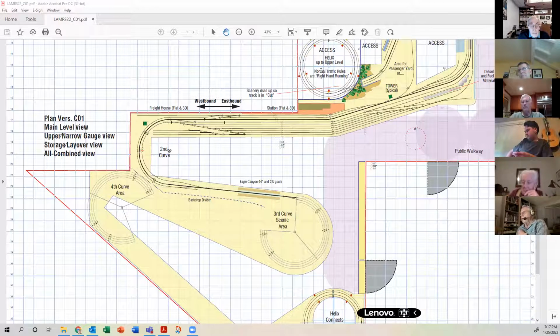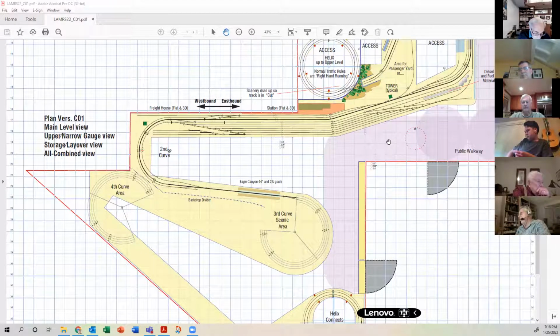So what I mean here is that what I call the main yard, with all the main scenery, the engines, the station, all that kind of stuff, would be the primary level. That's why I call it the main level. And what's above or below it is up to us. And yes, of course, anything could be scenic.